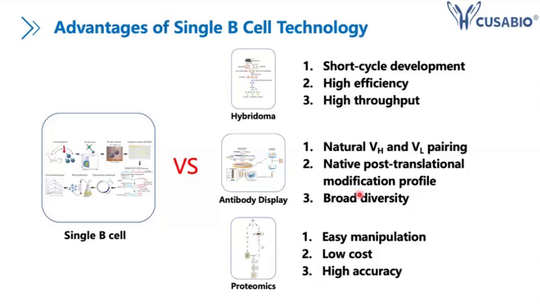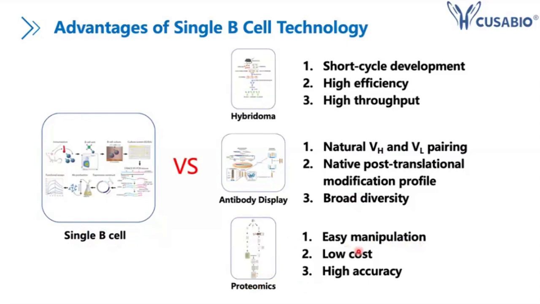Compared to proteomics, the advantage is basically the cost, because the proteomics approach can be pretty expensive, and because of the instrument, the manipulation can be time consuming. Single B cells can reduce the cost, and the accuracy is also high.